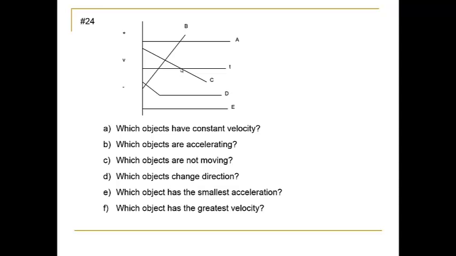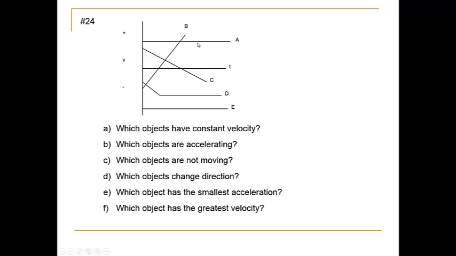So the smallest slope, and that would be C. And then if you're looking for which one has the greatest velocity, you're looking for which one is at the furthest point from the x-axis. So that would be E. E has the greatest overall velocity. Yes, it's negative, but it still has the greatest numerical value of velocity.